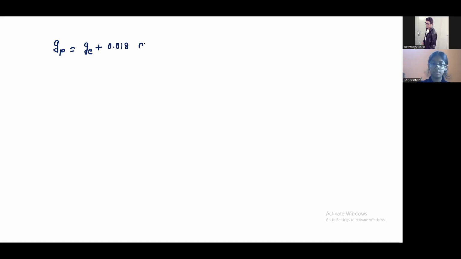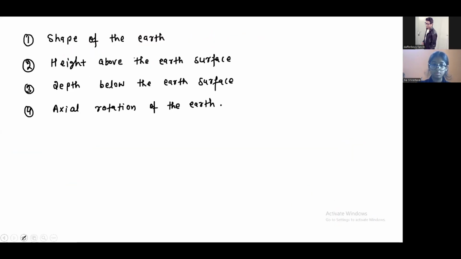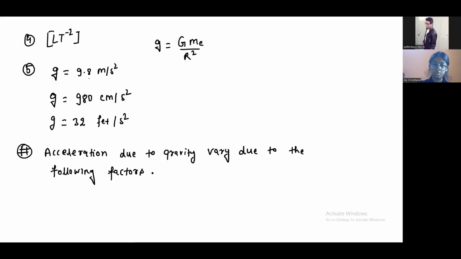This is a very small value, but we are adding that value.